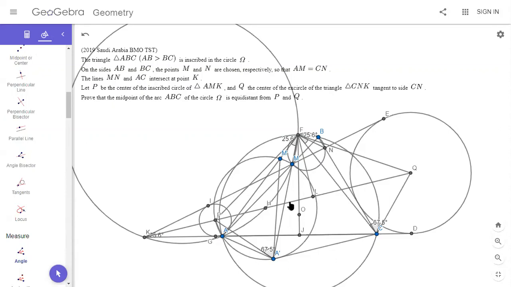Which is the same as saying that angle FAC is equal to A prime MI. So FCA, let's see.